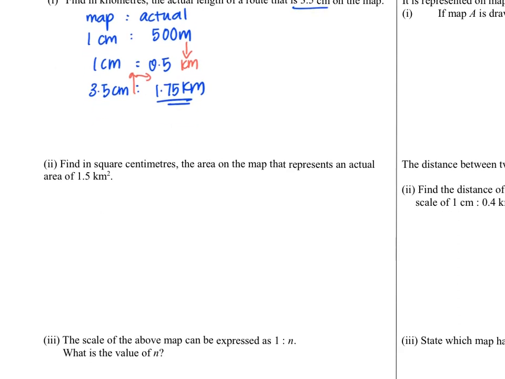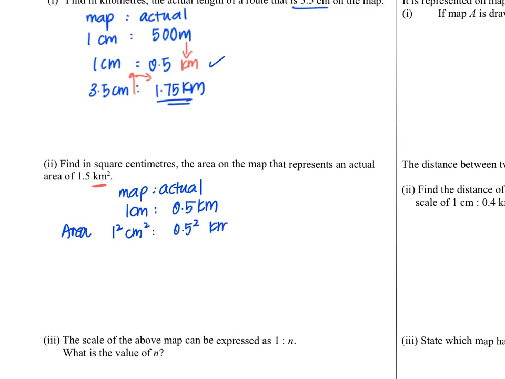Now going to part 2. Find in square meters the area on the map that represents an actual area of 1.5 kilometers square. So now this unit here is kilometers, right? Which of these 3 scales am I going to use? I'm going to use the one with a kilometer. 1 cm is to 0.5 kilometers. Now I need to find the area. So that would be 1 cm square is to 0.5 kilometers square.